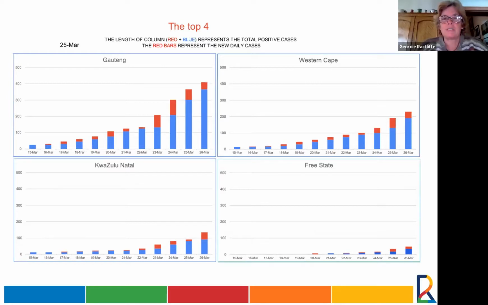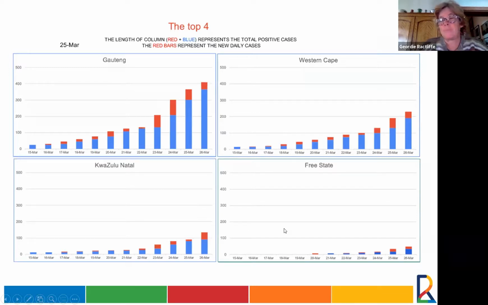Per province, you can see that Gauteng, on these graphs with a y-axis of 0 to 500, is sitting at over 400, the Western Cape second with over 200, then KZN at 100, and the Free State.